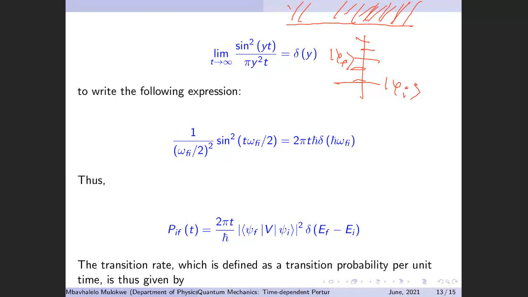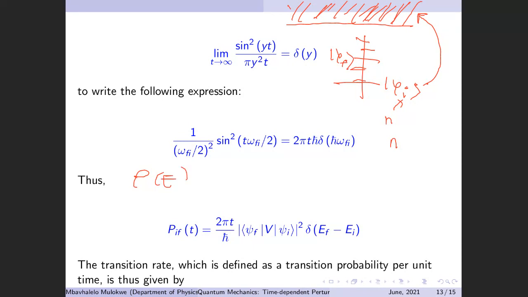Maybe when, let's say, you're labeling them by n, and this n is very large, then you end up with a continuum of states. What is the probability that if you started with one of these states, it actually ends up in one of those continuous states? So for continuous states, I think you might have seen this in statistical mechanics.